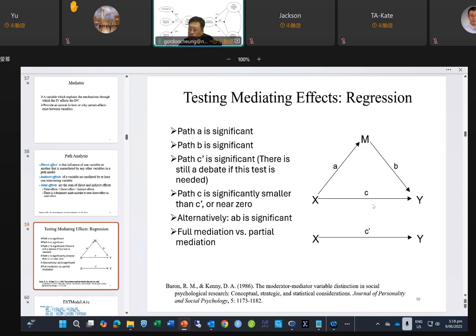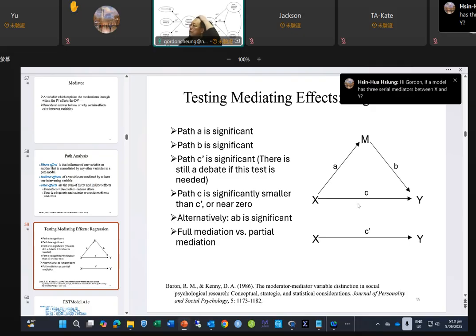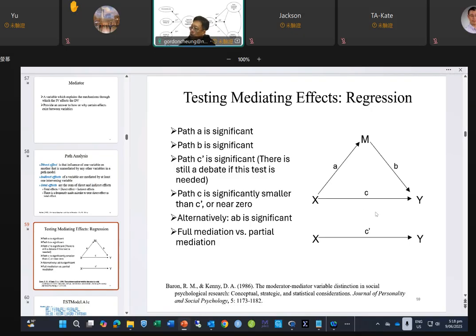So what is the usefulness of this path? If you estimate AB and then C prime, in the discussion section we will talk about the C prime path.